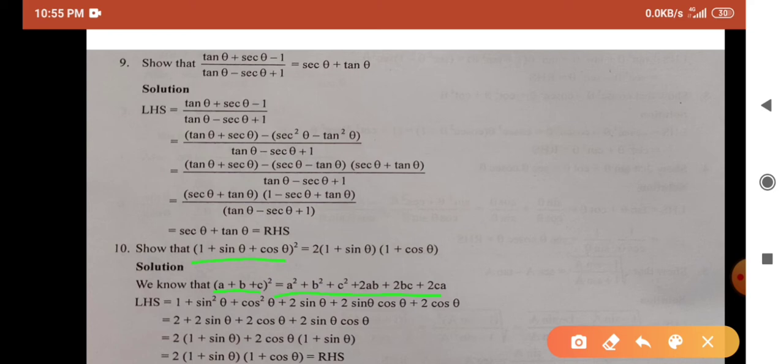The LHS is in the same form, a plus b plus c whole square, right? Now let us consider a square, 1 square means 1, b square means sin square, c square means cos square, 2ab means 2 into 1 into sin theta is 2 sin theta, 2bc, that is 2 sin theta into cos theta, 2ca, 2 cos theta into 1 is 2 cos theta.